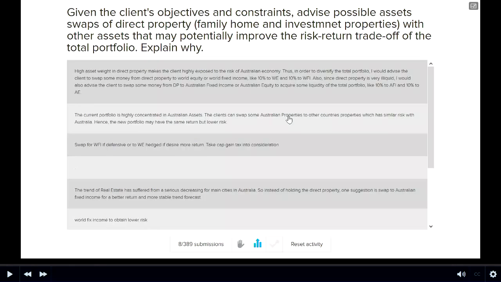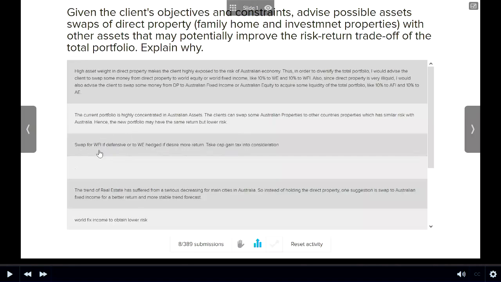If the question asks for advising on diversifying one risk factor, you probably will get at least around 70% of the total marks available, just depending on the clarity of your writing, of your answer.